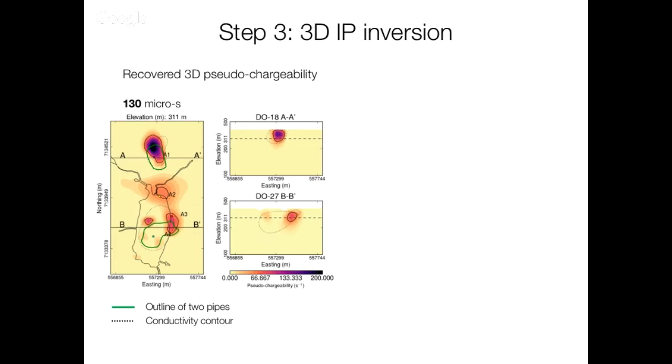So the challenge with developing a sensitivity is that you really need to work with what the fields are going to be like for each transmitter at each particular time, and somehow combine them in such a way that in the end you've got one sensitivity function, related to a pseudo chargeability as a function of time.